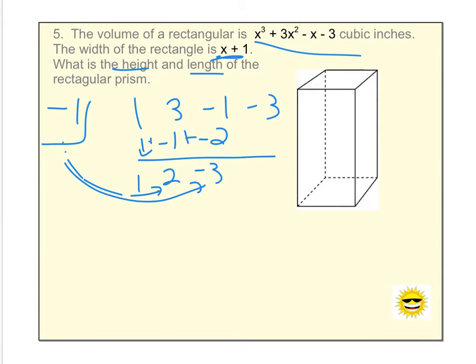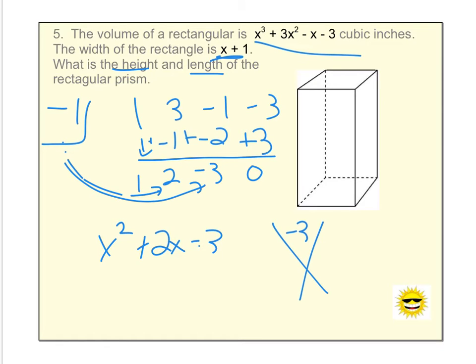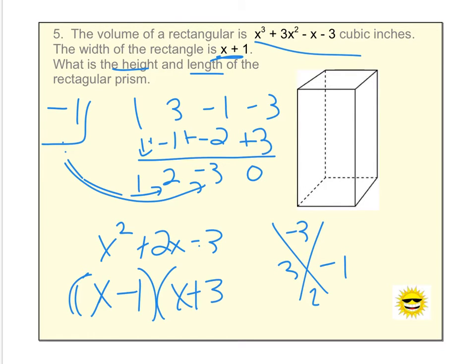And that's going to give me positive 3. When I add that, I get 0. So it's going to be x squared plus 2x minus 3. So what multiplies to negative 3 and adds up to 2? Well, 3 and negative 1. So I'm going to have x minus 1, x plus 3. There's my answer. Boom.